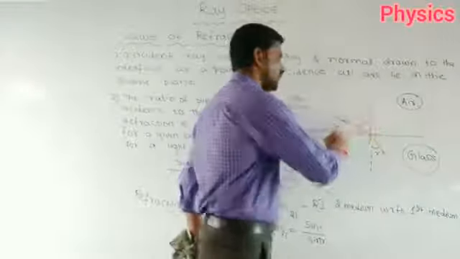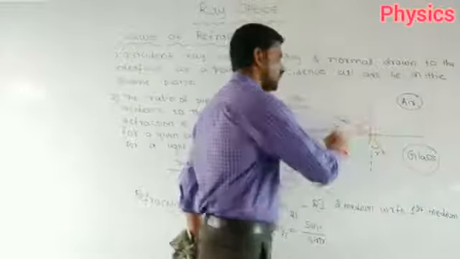Now I am taking the reverse case of the first diagram. I am going to incident a ray of light from the second medium to the first medium. In the previous diagram I took the angle in the second medium as R. Now this R is the angle between the incident ray and the normal, so R is the angle of incidence.